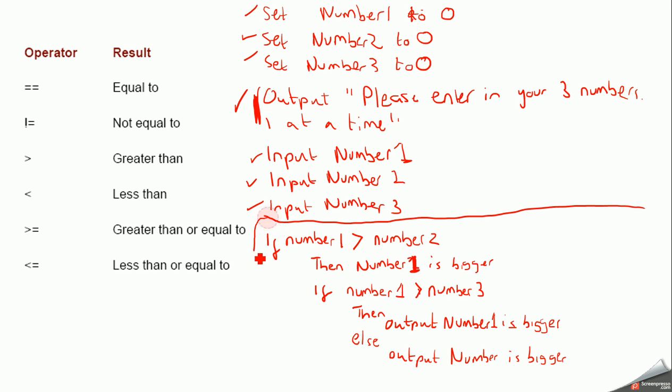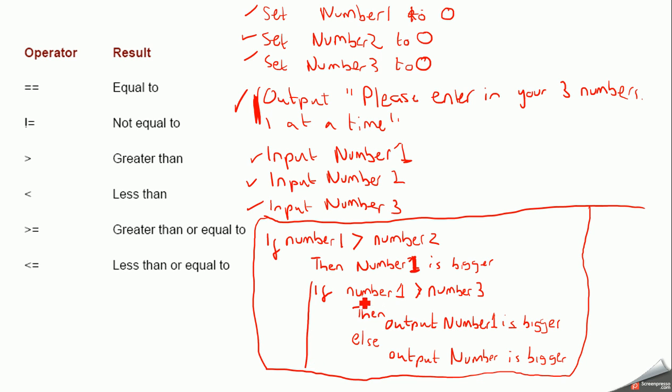So this bit of code here literally first of all starts off by checking number 1 against number 2. If number 1's bigger than number 2, then it's going to do this. We'll then take number 1 and compare it to number 3.